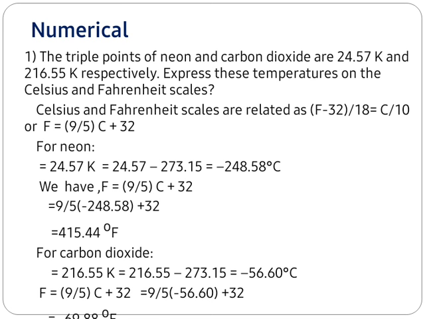When it is converted into degrees Celsius, we get minus 56.60 degrees Celsius. By using the same formula and substituting the values, we get F is equal to minus 69.88 degrees Fahrenheit.